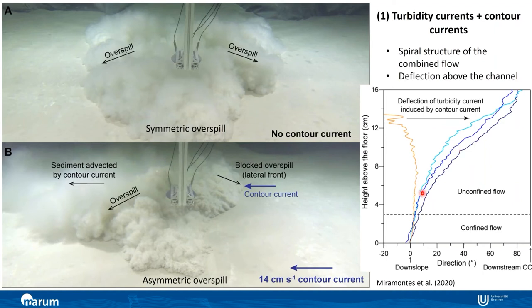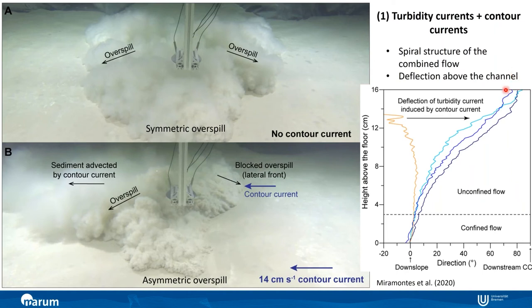Here we show the direction against the height above the floor, and we have a spiral structure of the flow being pushed. Here is downslope, and then it's pushed to the side in the direction of the contour current until we reach a depth that is high enough, where it's mainly the direction of the contour current.